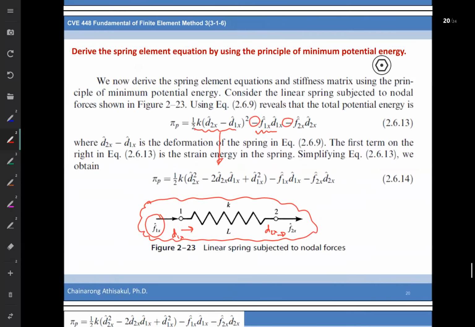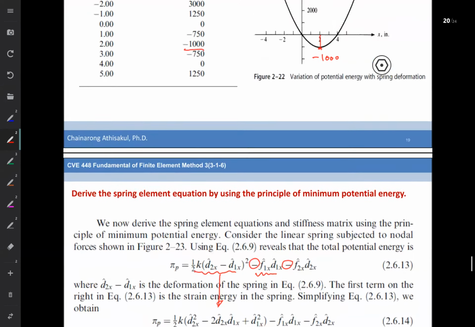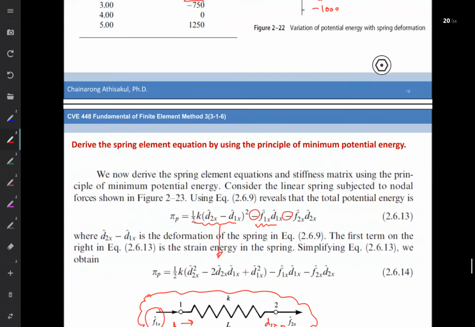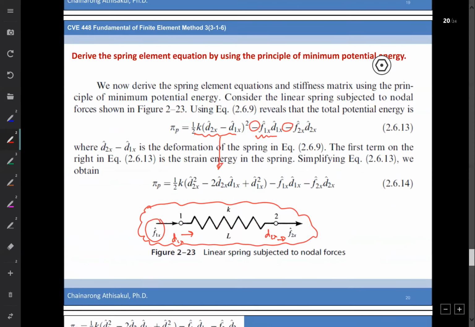It starts with forming the potential energy pi equal to u plus omega, if we know the strain energy function u, and if we know the potential energy due to external force omega.